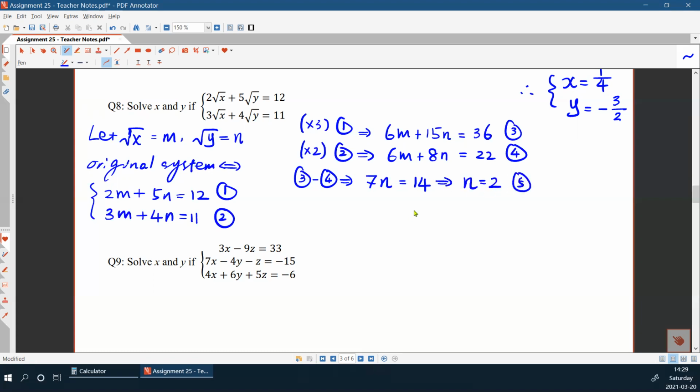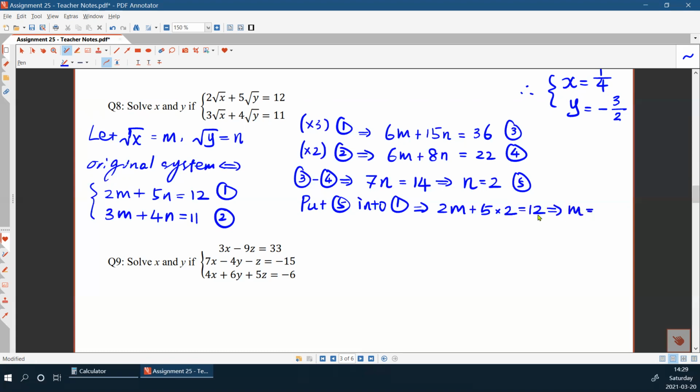So let's call this equation 5. Then we can put 5 into either equation 1 or equation 2. So suppose we put it in equation 1. And then this will give you 2m plus 5n, which is 5 times 2, equals 12, right?